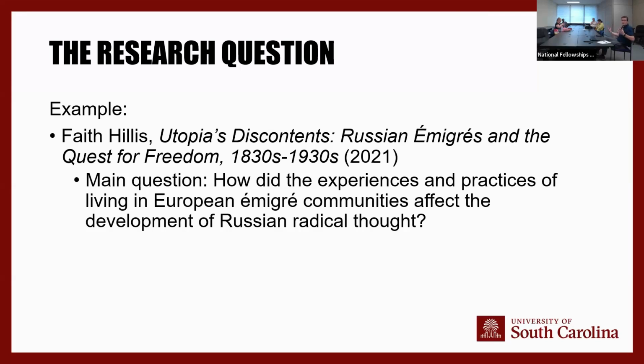My attempt to put all of that together, in a book with a lot of interesting sources and case studies, is to say: how did the experiences and practices of living in emigre communities affect the development of Russian radical thought, and affect thinkers who were key in these intellectual traditions?